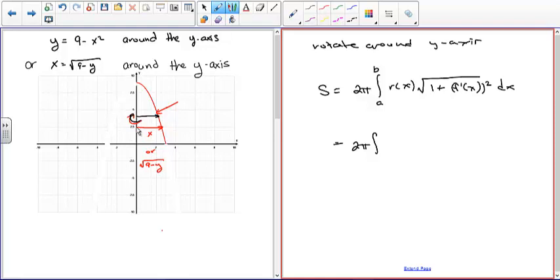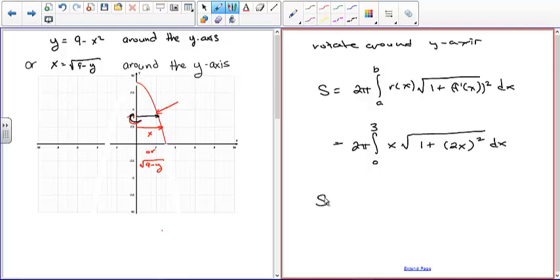You can see over here, the distance from the y-axis to the curve is either equal to x or equal to the square root of 9 minus y. So in this case, r of x is equal to x. And then we have the square root of 1 plus, well, f of x is still 9 minus x squared, so f prime of x is still 2x, and that's squared, dx. And we integrate from 0 to 3, because those are the x limits.